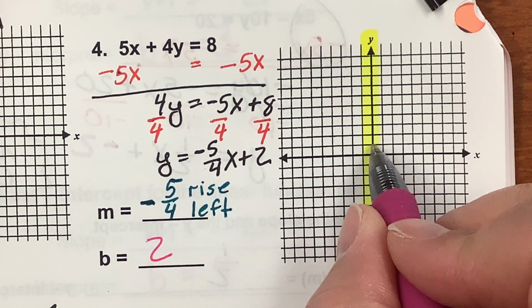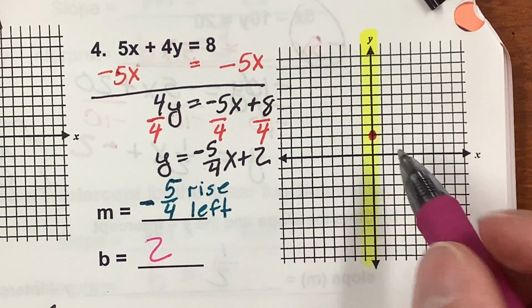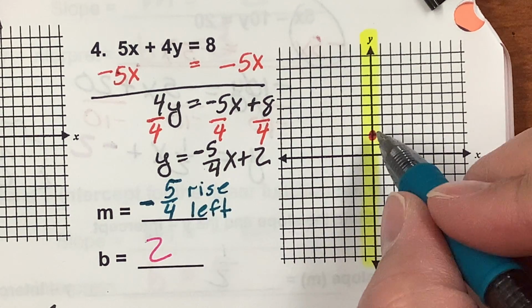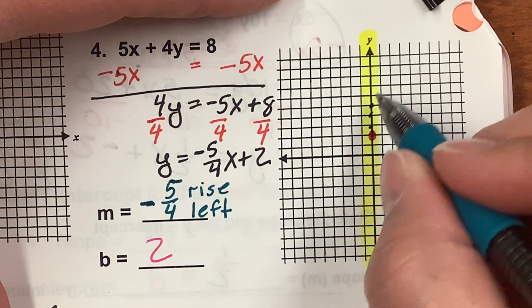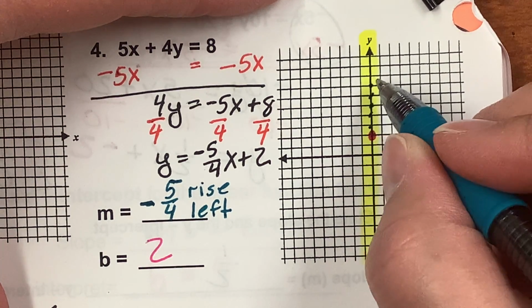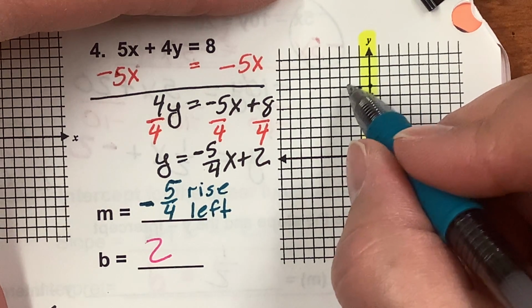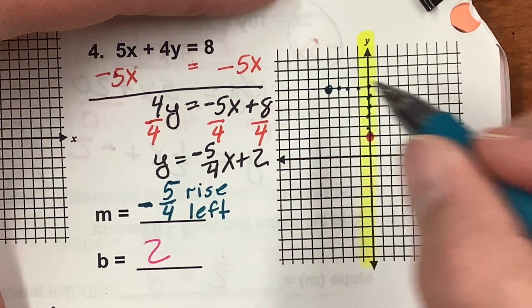So I come up here, 1, 2, and I put my first dot. Begin at b, 2. Now, I'm going to rise 5. 1, 2, 3, 4, 5. Then left 4. 1, 2, 3, 4. And that's my next point.